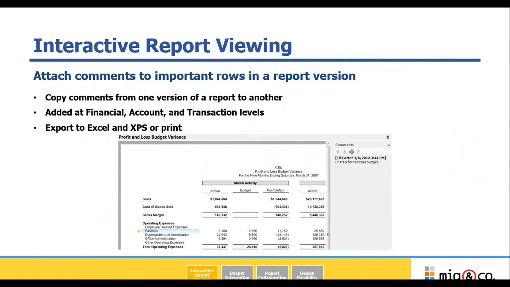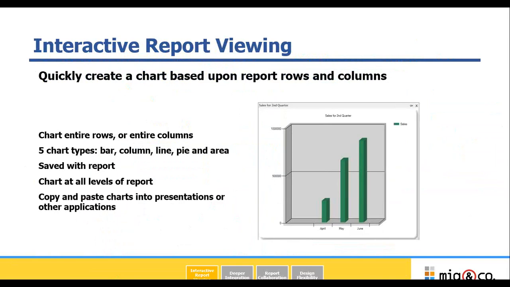That means it can be at the very high level for the financial, you can attach one to an account as a whole, or if your report is showing transaction levels, you can attach comments to each transaction. You're also able to export your reports to Excel or XPS.